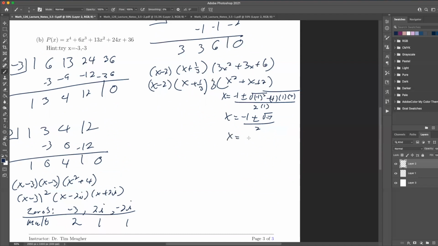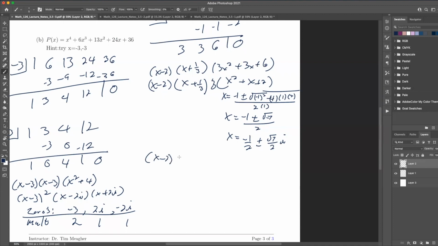So I get x is equal to -1/2 plus or minus square root 7 over 2 i. It's just awful, right? There's just no other way to describe that. It's just awful.